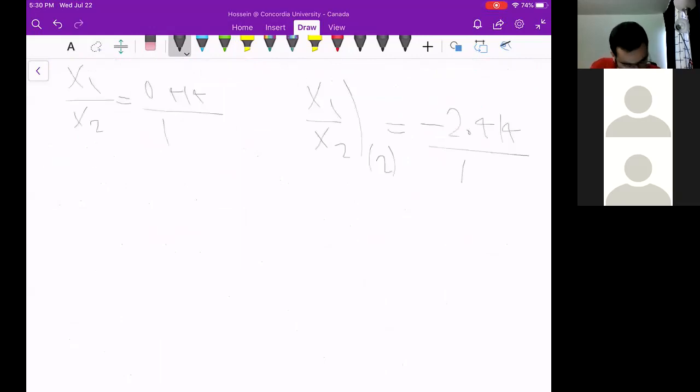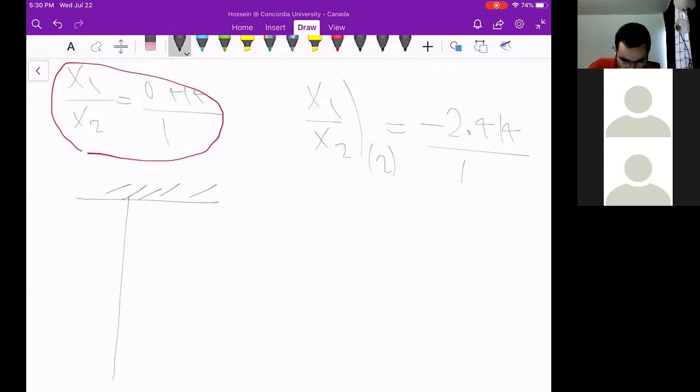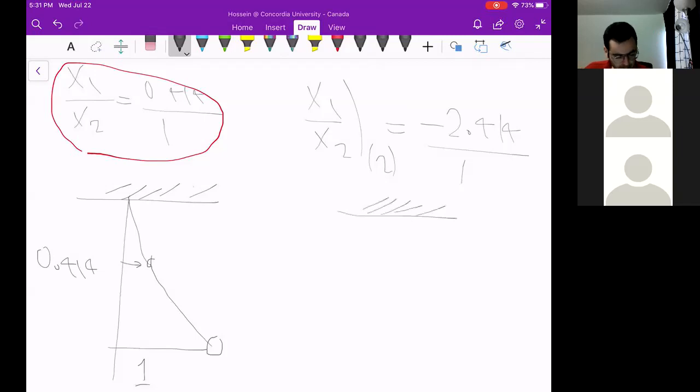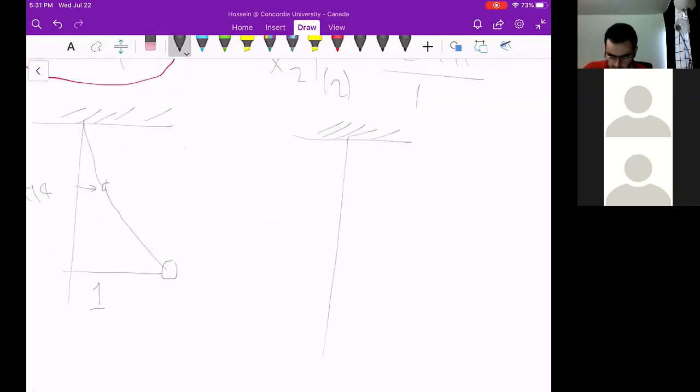For the first mode, it can be translated as if the second mass is displaced 1 millimeter, for example, 1 unit, then the first mass is going to be displaced by 0.414 millimeter.